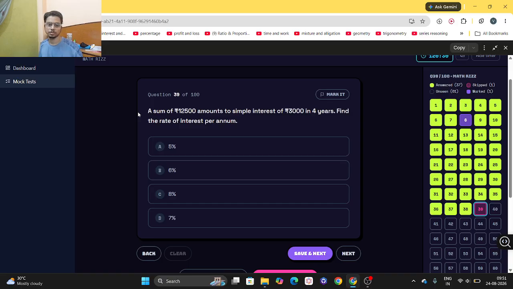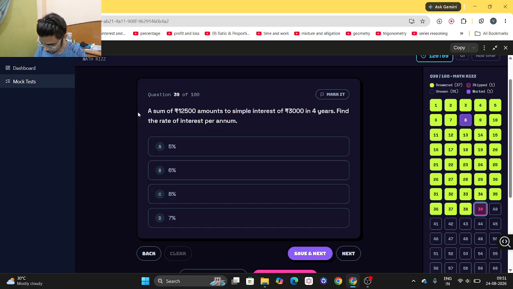A sum of 12,500 rupees amounts to simple interest of 3,000 in 4 years. Find the rate of simple interest. So simple interest is equal to P into R into T upon 100. 3000 equals 12,500 into R into 4 upon 100.